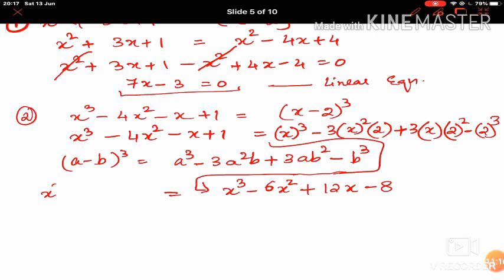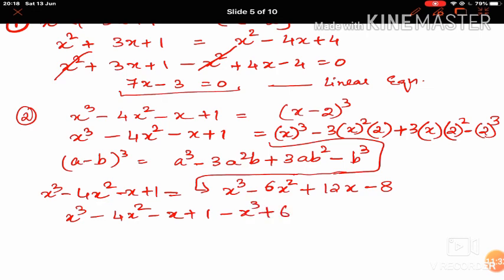And the left side is x cube minus 4x square minus x plus 1. So x cube minus 4x square minus x plus 1 minus x cube plus 6x square minus 12x plus 8 is equal to 0.